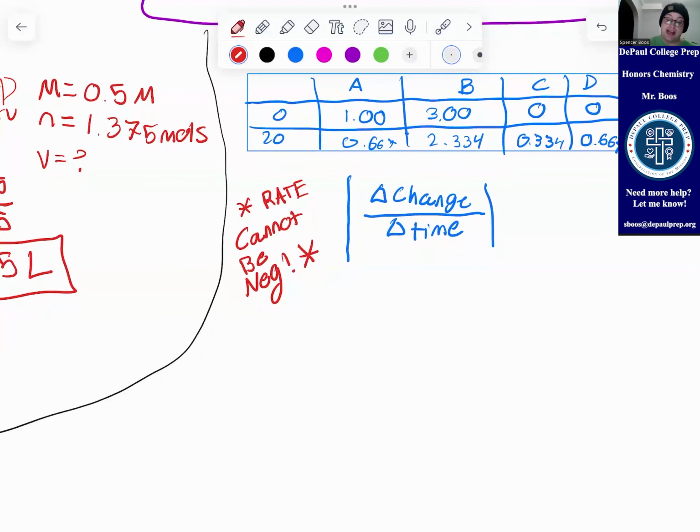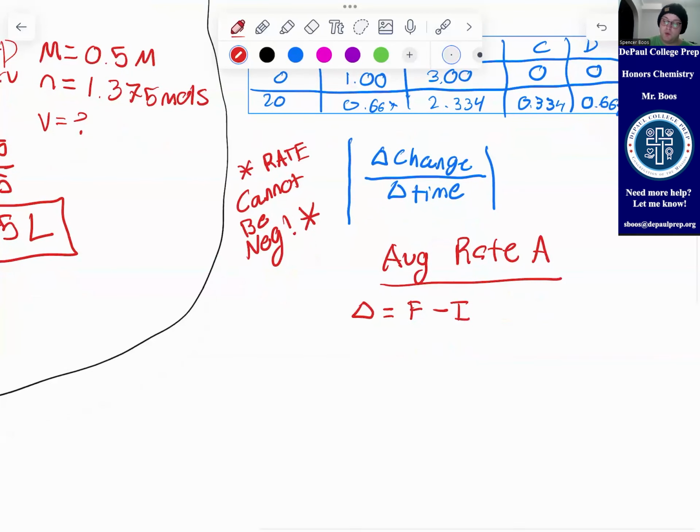So let's do the average rate for A. Okay. So we've got delta change, which of course means final minus initial.